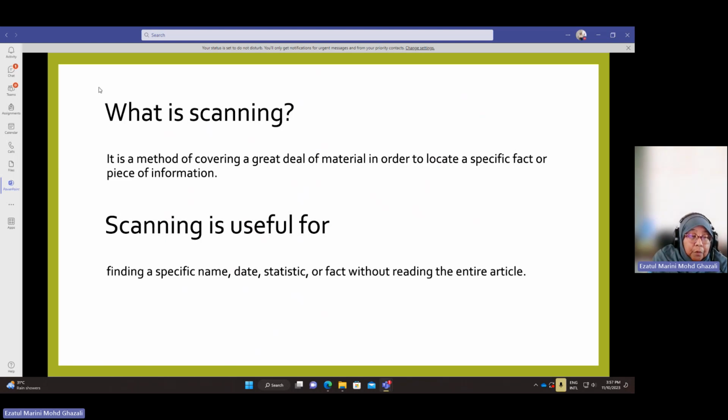Scanning is very useful for finding a specific name, date, statistic, or fact without reading. You don't have to read the entire article, but you will manage to find the information because we are focusing on that one particular piece of information that we are looking for. All right.